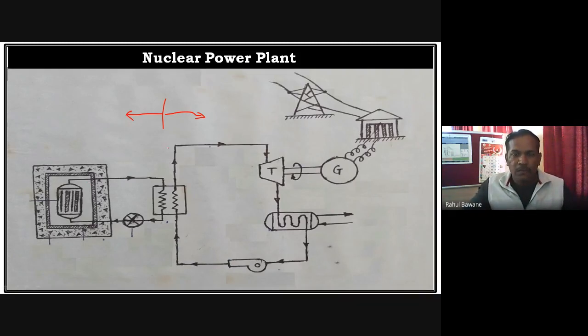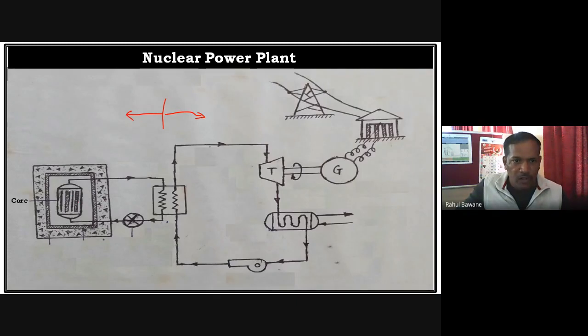So a nuclear power plant is divided into two parts. One is the coolant, which comes in direct contact with the nuclear reactor, and the second is the steam. Now how does it work? There is one core where we have the fusion reactions, and in the core there are some nuclear fuel rods.